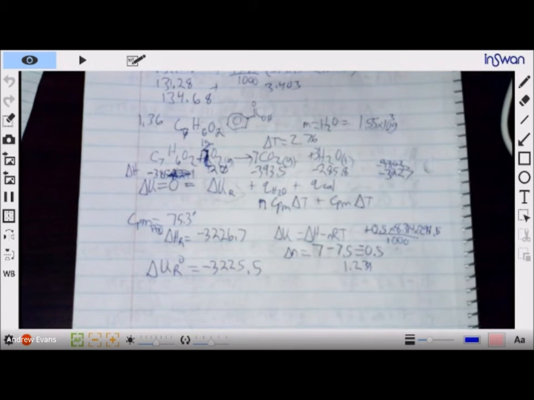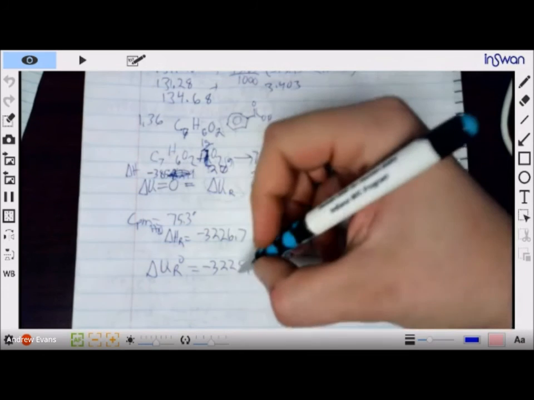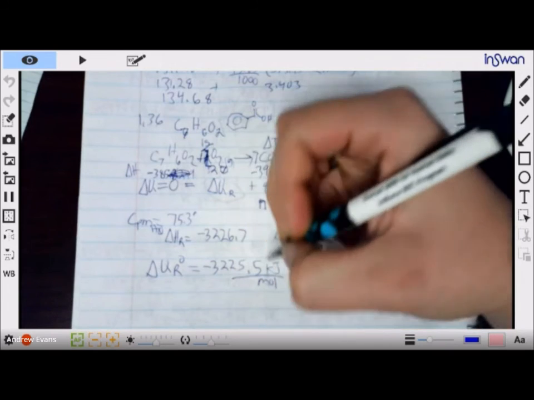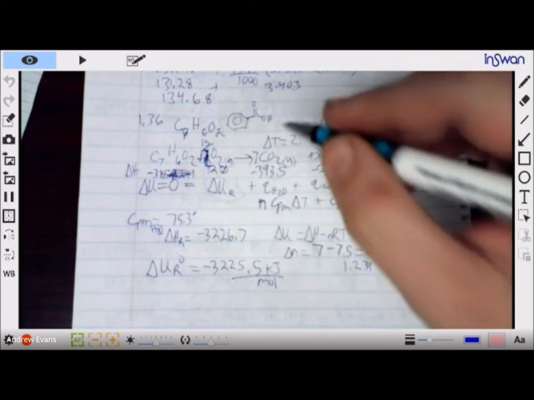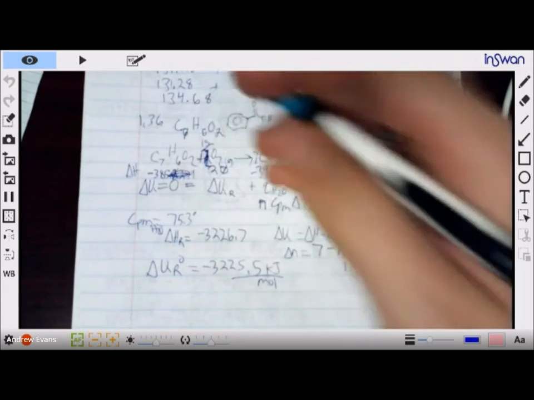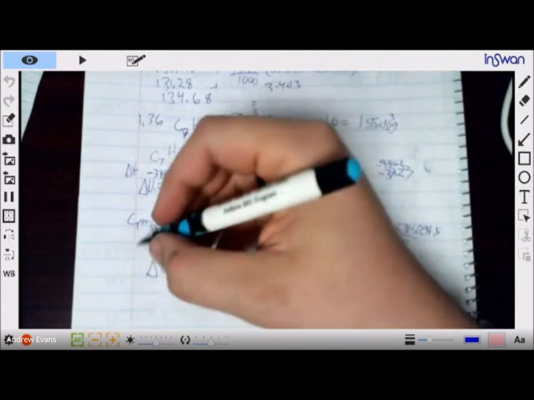So that right there is our delta U of reaction in kilojoules per mole. However, we need to find out how many moles. Here's where the 1.36 grams comes in.